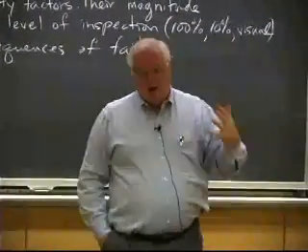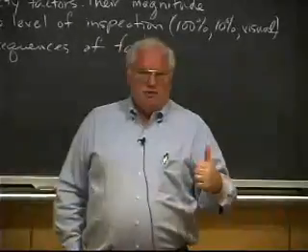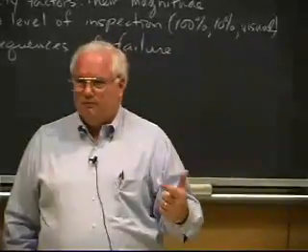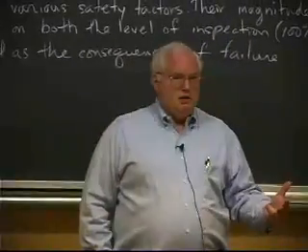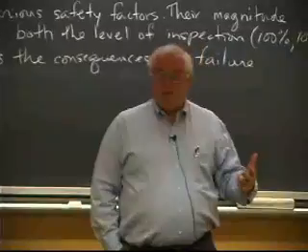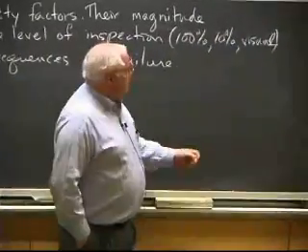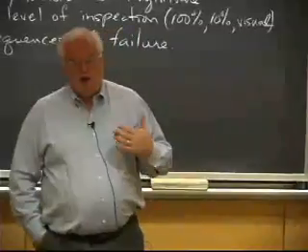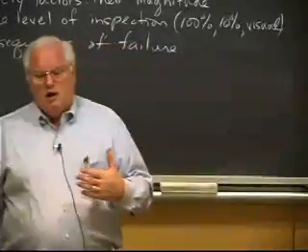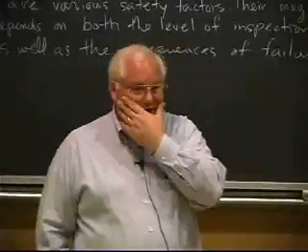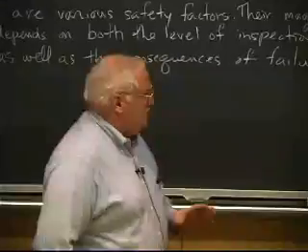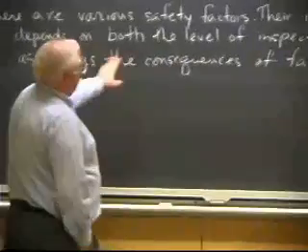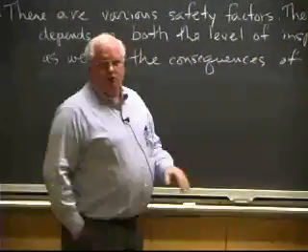Designing something with a bigger safety factor adds weight and adds cost. Designing or requiring greater levels of inspection adds cost, so there's a clear trade-off there. If you're just doing visual, you may have a fairly high safety factor. It's not only the level of inspection, but also the consequences of the failure.